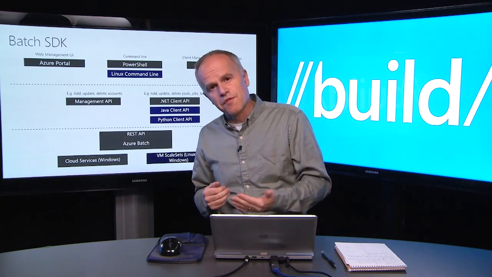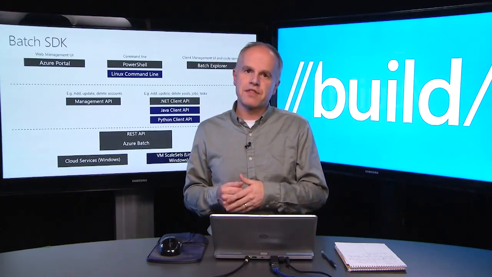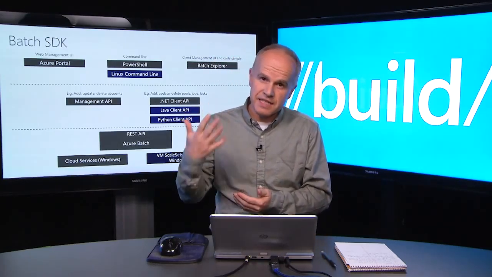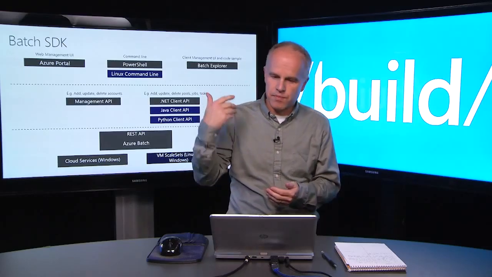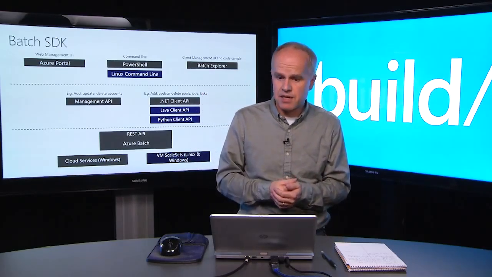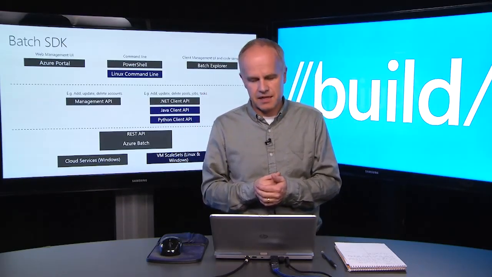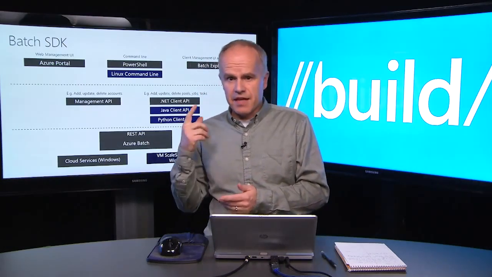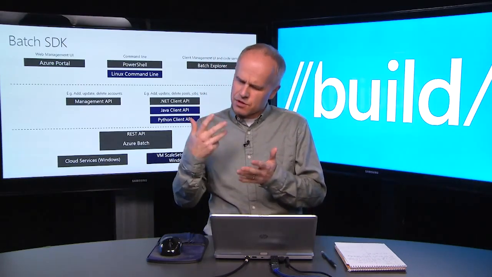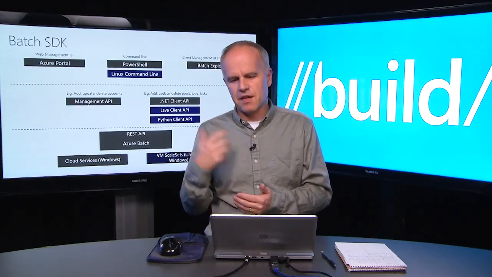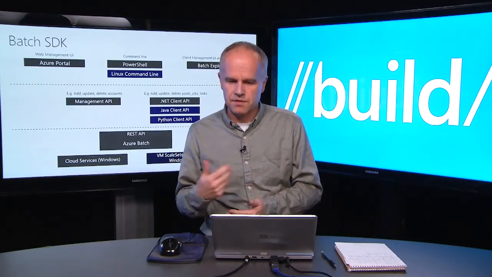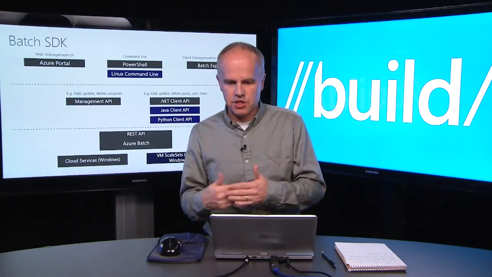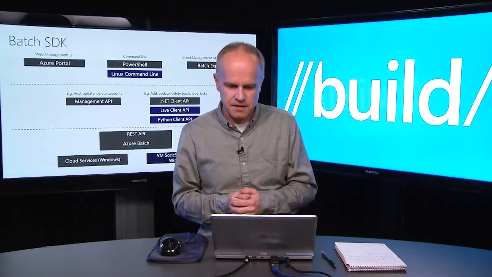So we also wanted to provide you more choice in terms of the client APIs. So in addition to .NET, we made available a Java client API and then a Python client API. And then either we've released or will shortly release, I think it is, the Linux command line as well. So to provide that choice for basically a command line interface.